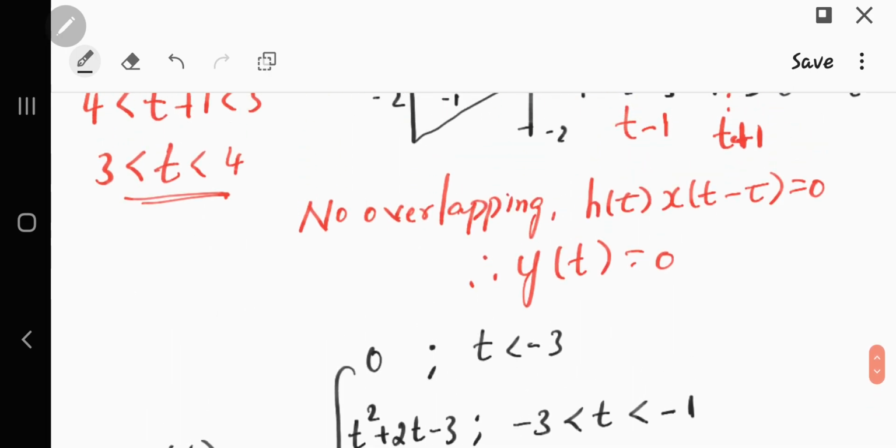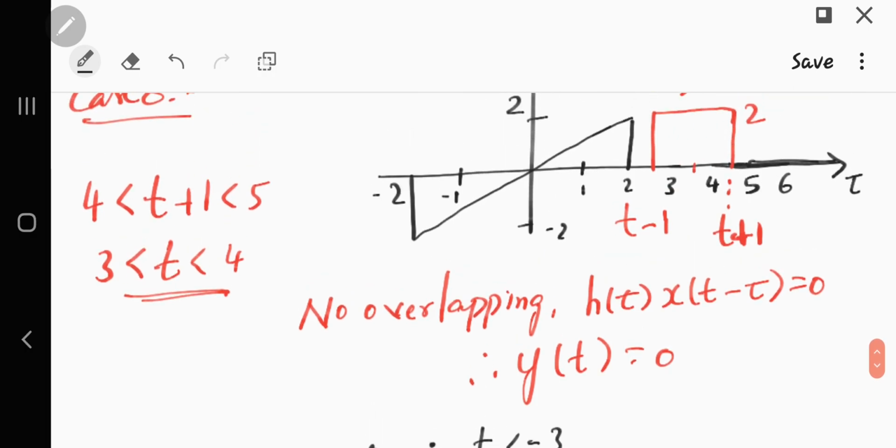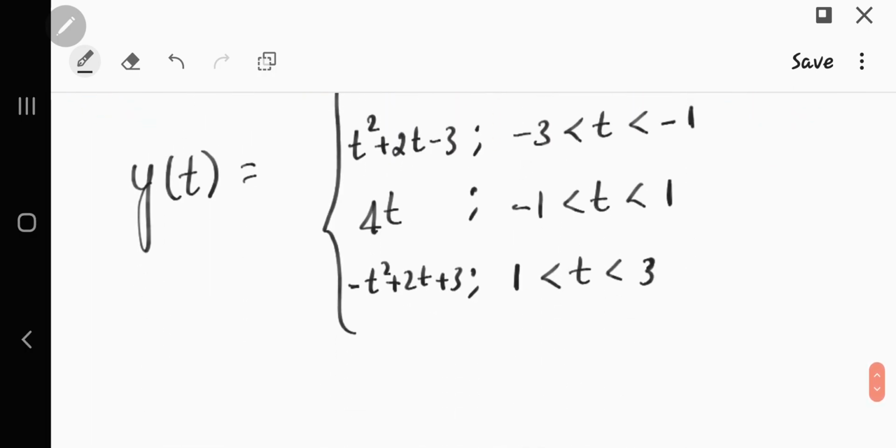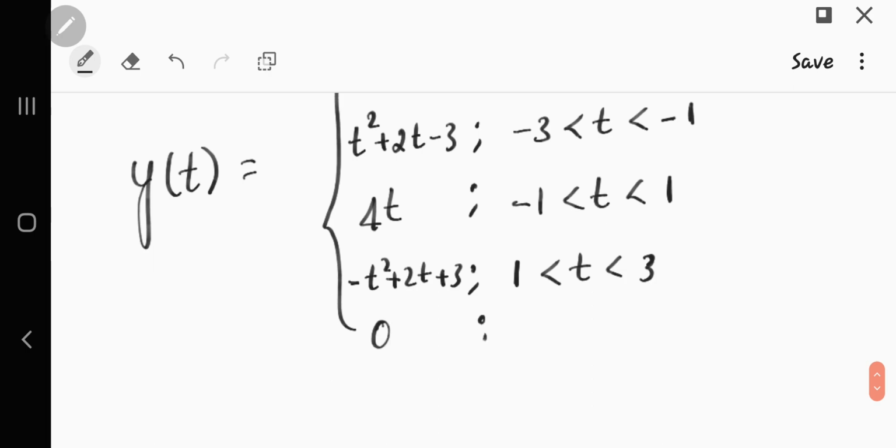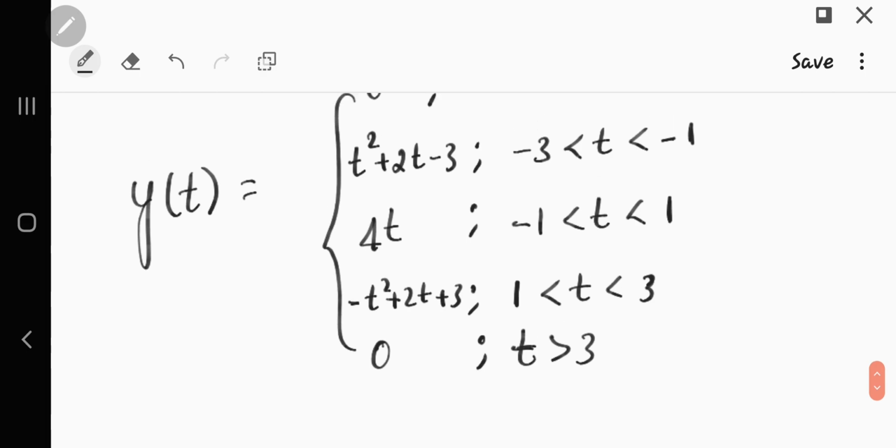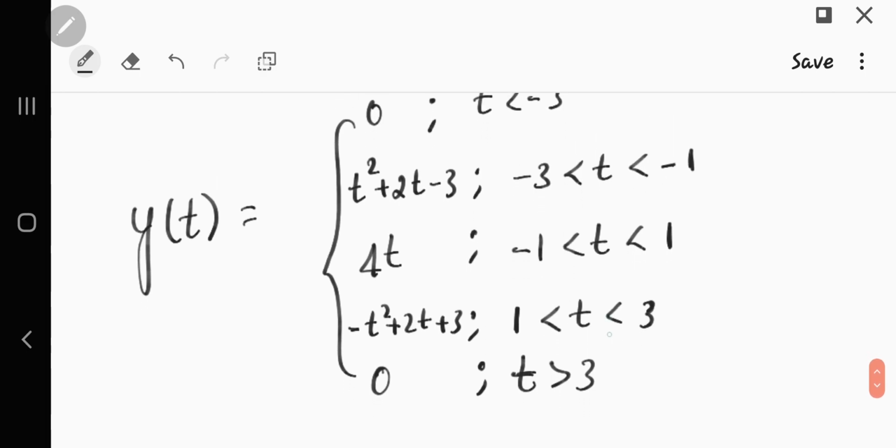And as you can see, from 3 to 4 there is no overlapping. So y of t is 0. How to conclude this? y of t is 0 for values of t greater than 3. Or you can also write greater than or equal to, because it's a continuous time signal.